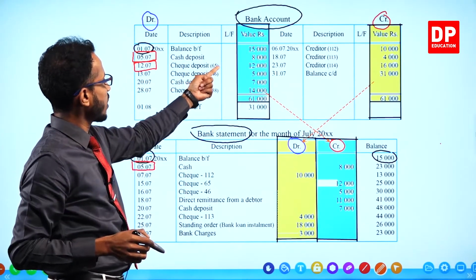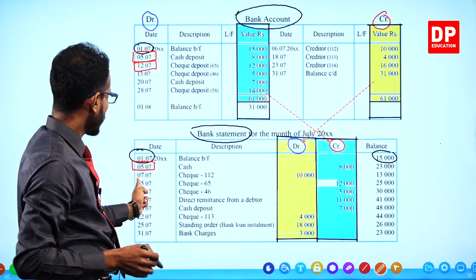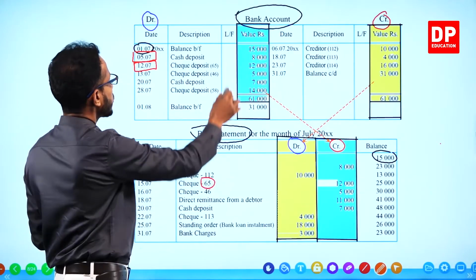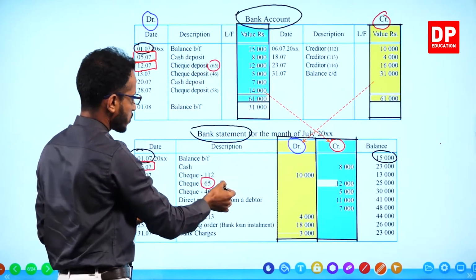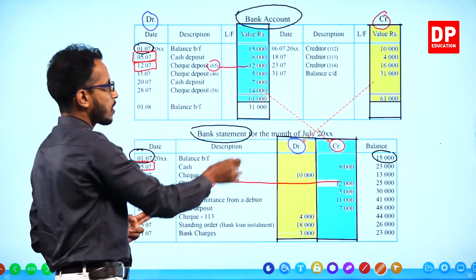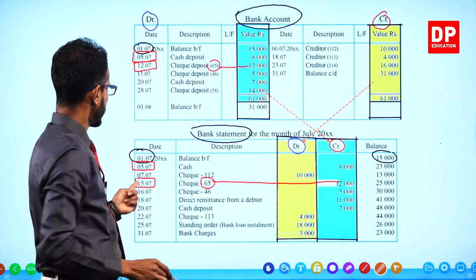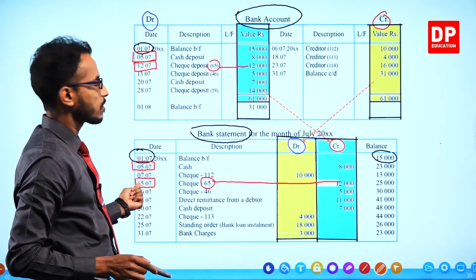Check number 65, 12,000. That is actually here, but the date is different, see? 15th.